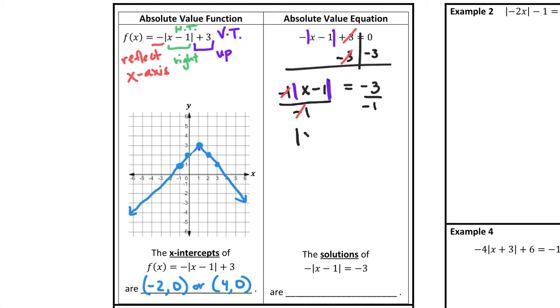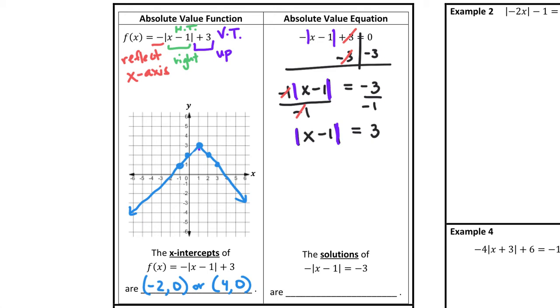So I'm going to be left with the absolute value of x minus 1 equals a negative divided by a negative, which is positive, and 3 divided by 1 is 3. Okay, all right, so now the absolute value is by itself. There's nothing around it. And so I got to my goal.